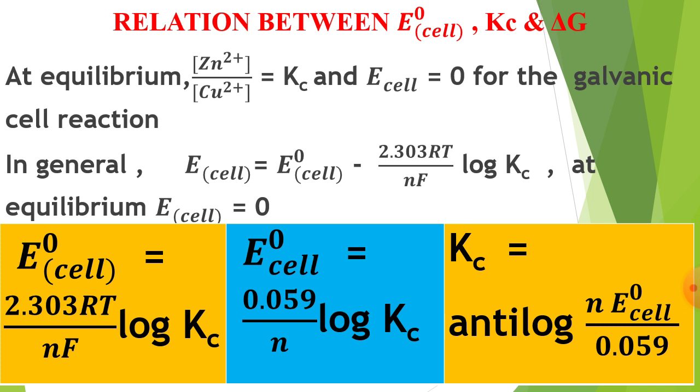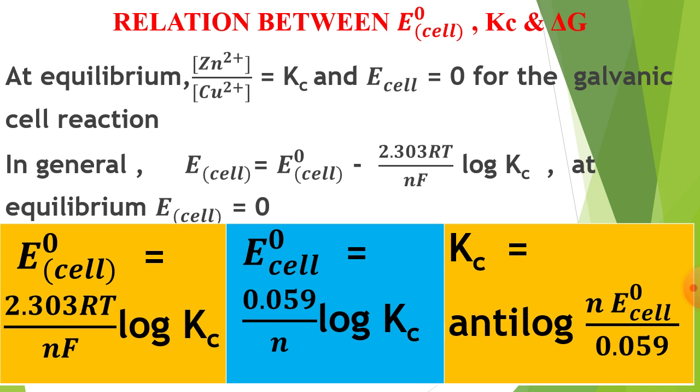In the Nernst equation, in place of the log term, you can write Zn2+ divided by Cu2+, but at equilibrium this is equal to Kc. That's why we put Kc in place of the Zn2+ divided by Cu2+ concentration. At equilibrium, E cell equals 0. So now we get the formula: E naught cell equals 2.303 RT divided by nF log Kc.